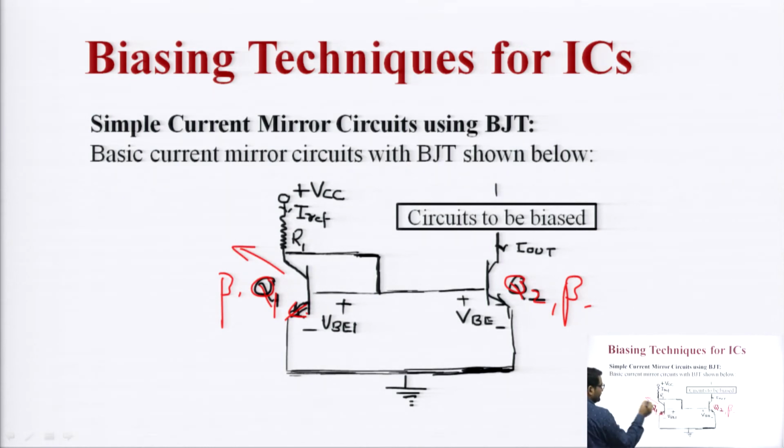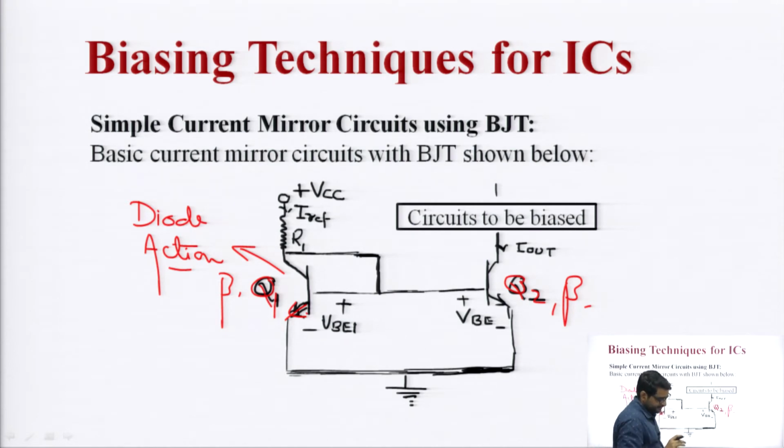In a BJT, if we short the collector electrode to the base electrode, then the BJT works as a diode. In a similar fashion, in a MOSFET also, if we connect the drain terminal to the gate terminal, then the MOSFET acts as a diode.